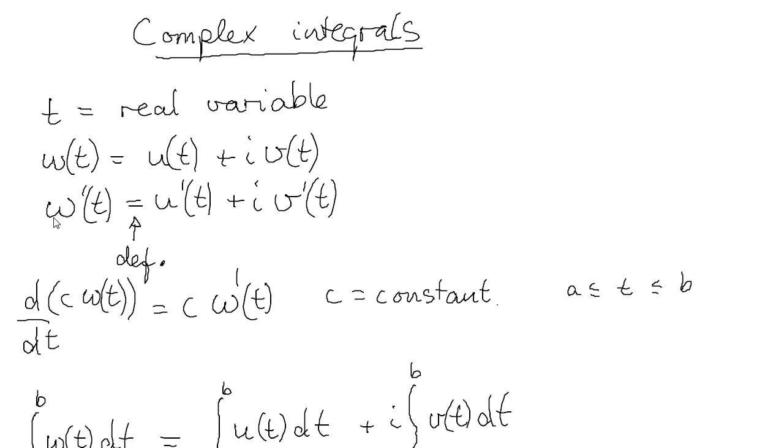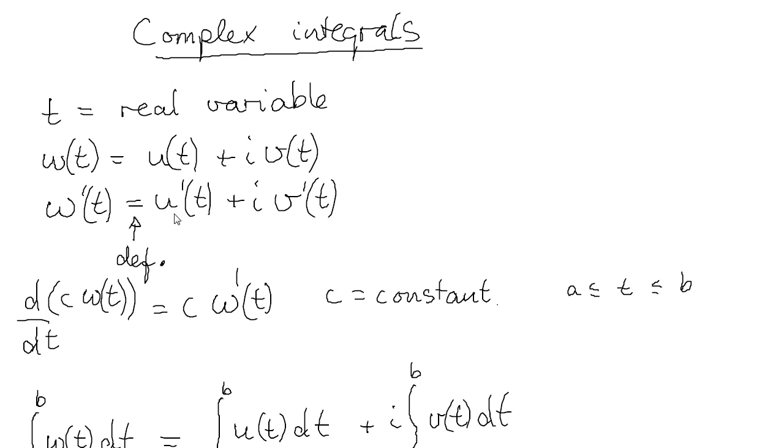We can make the following definition of the derivative of w with respect to t. It's just the obvious definition like this, that we take the derivative of the real part plus I multiplied with the derivative of the imaginary part.